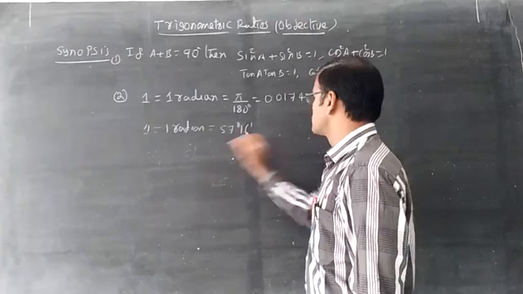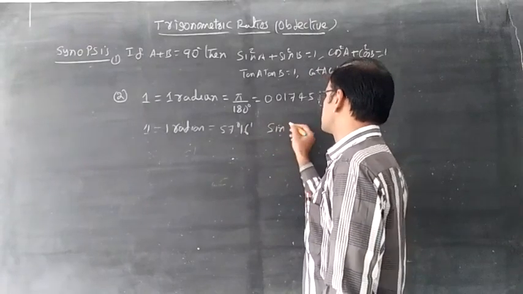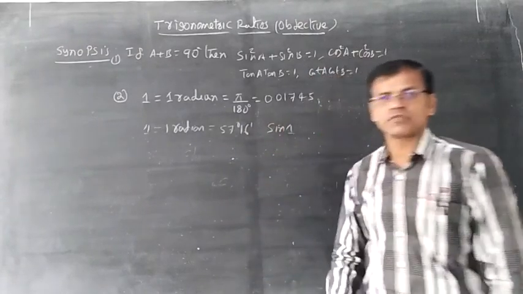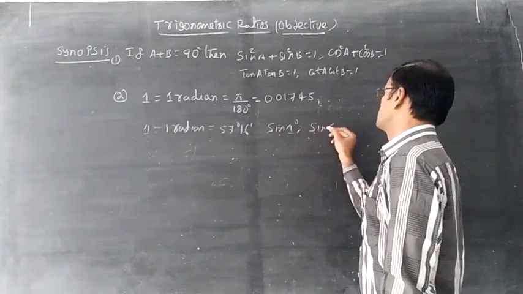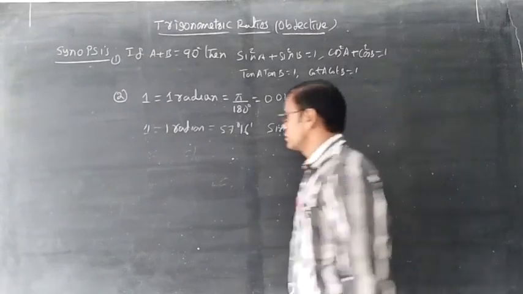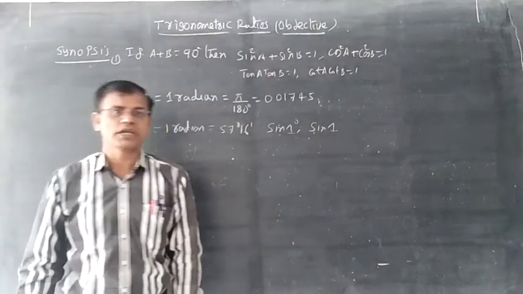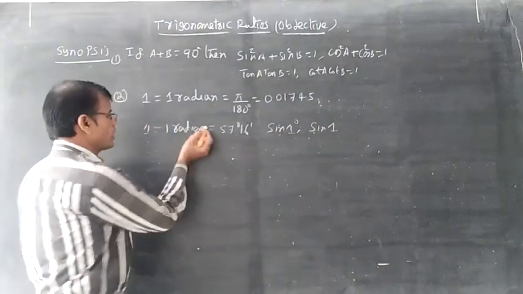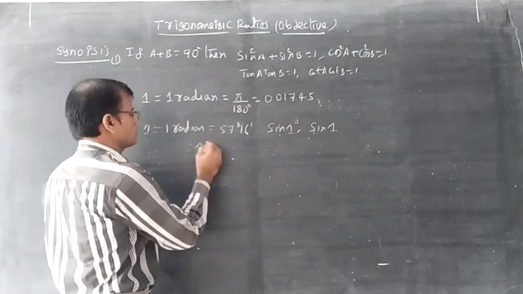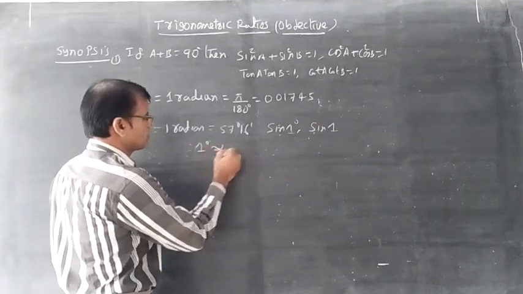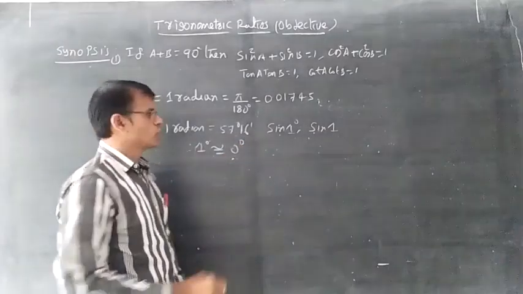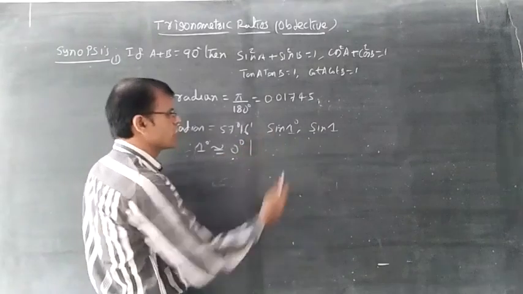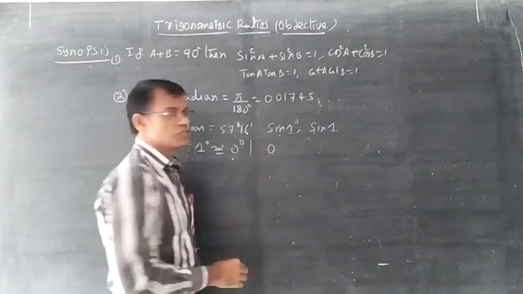For example, they will ask which is greater, sine 1 degree or sine 1. What is the greatest value among sine 1 and sine 1 degree? 1 degree is approximately equal to 0 degree, so maybe this value is 0 point something.